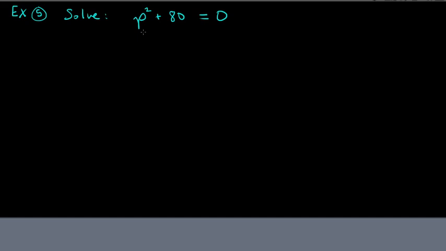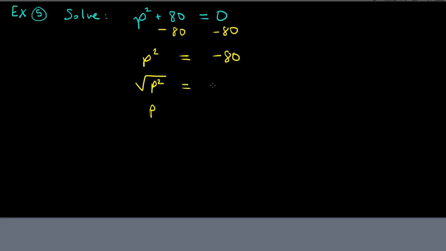And for the square root method, we have to get the 80 to the other side. So here we're going to subtract 80 from both sides and write p squared equals -80. And then how do you undo the exponent of 2? How do you undo the square? You take the square root, and that changes it to just p.